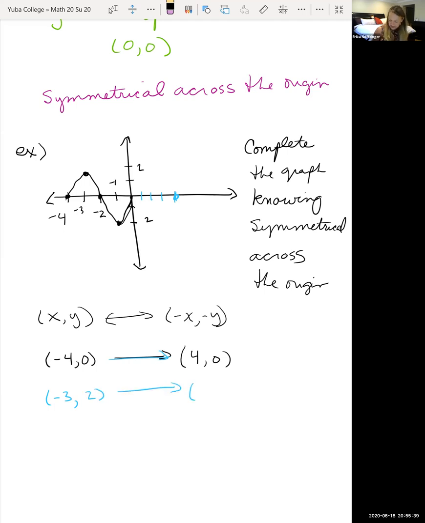So if I change the signs on that, that's +3, -2. So I'd have a point down here. -2, 0, changing the signs, becomes 2, 0. -1, -2 becomes +1, 2. So we completed the graph that would make that symmetrical across the origin.